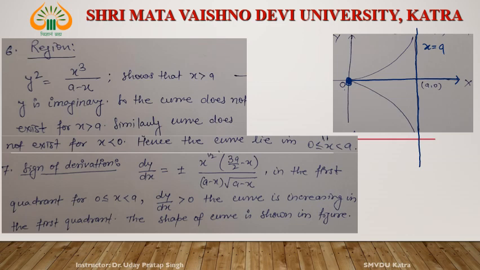The equation is y square (a minus x) equal to x cube. If x is equal to a, then y is not defined. Now see some other points. Find some other points and you will see the curve is something like this.